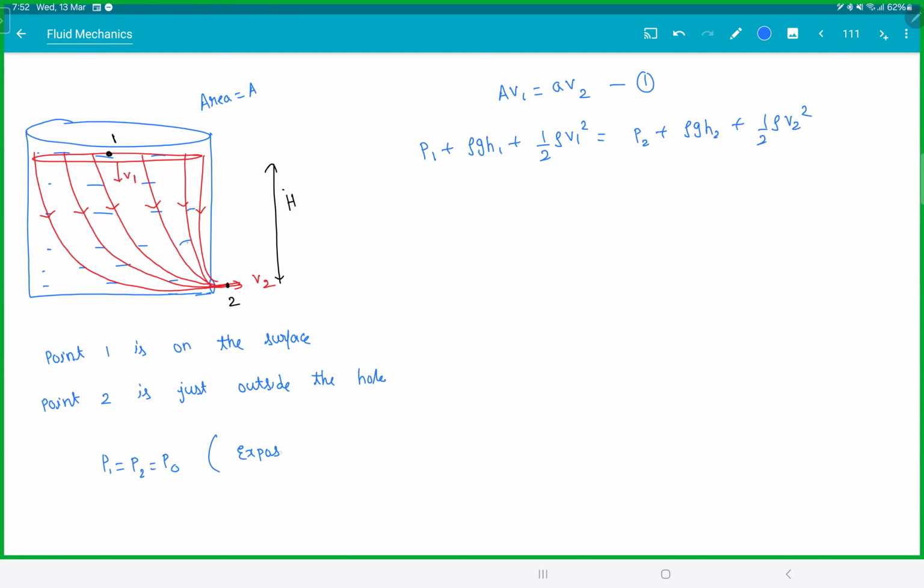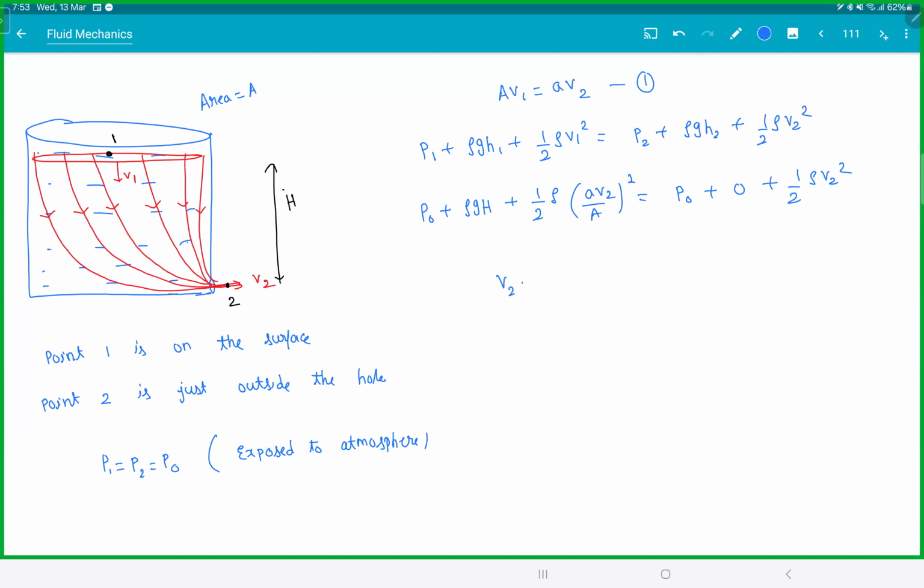Point 2 is outside the hole, 1 is on the surface. So this will be P0. Height will be rho g h. Velocity is half rho V1 square, but V1 is nothing but a V2 by capital A, whole square. This is P0, the height here is zero, and half rho V2 square.